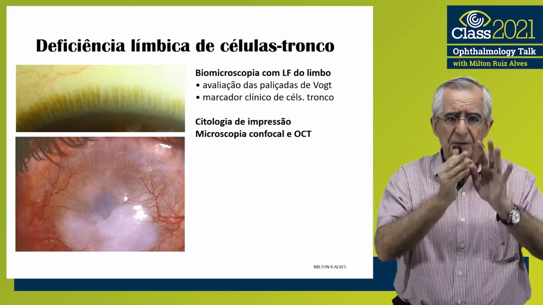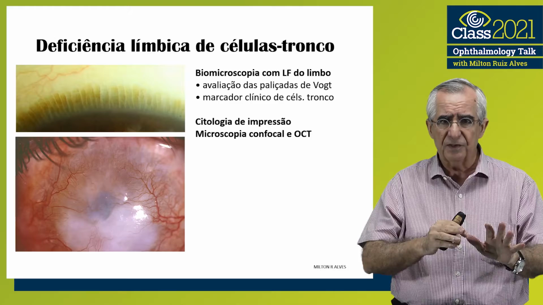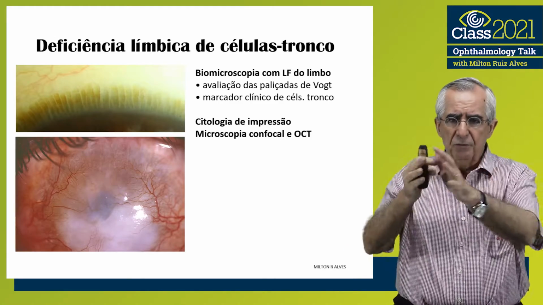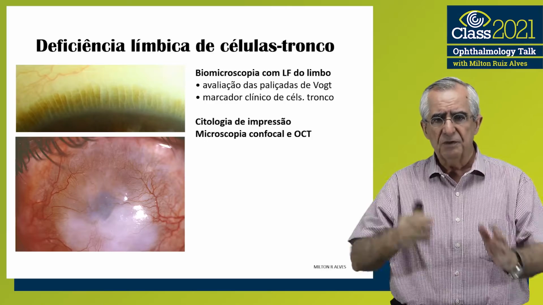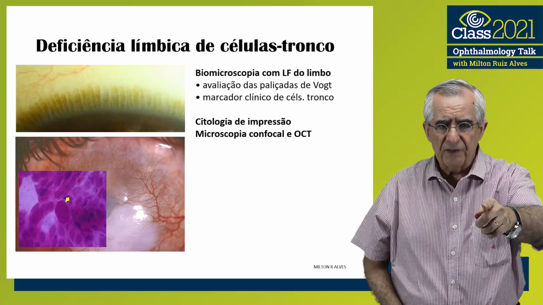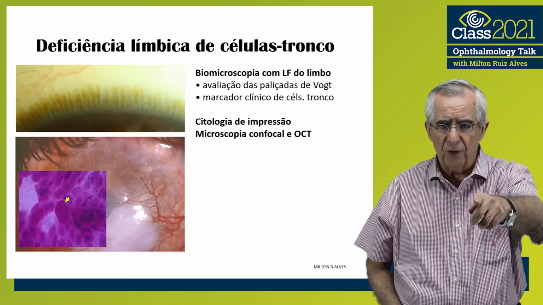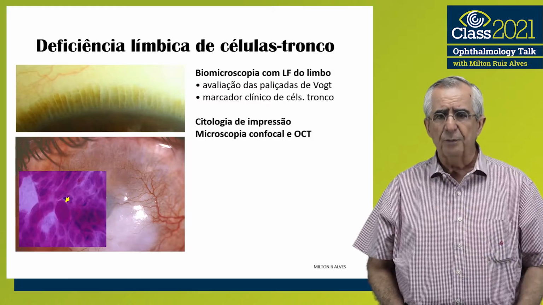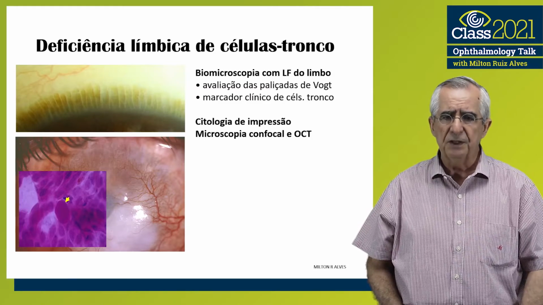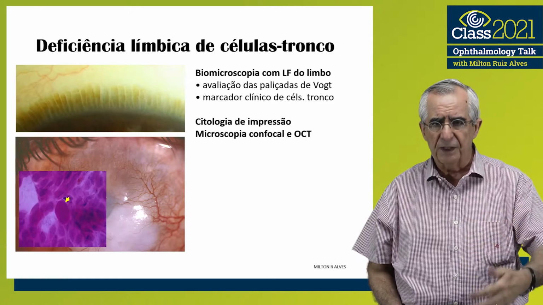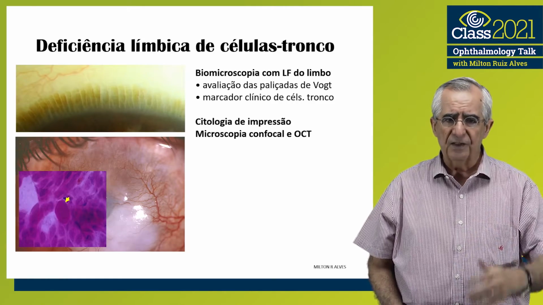So the presence of intact Vogt palisades is a clinical marker of stem cells. Today, also widely used, impression cytology can demonstrate, for example, the presence of goblet cells in the cornea, closing the diagnosis of limbal deficiency. Also, confocal microscopy and optical coherence tomography are bringing light to the knowledge of this specific area of study.